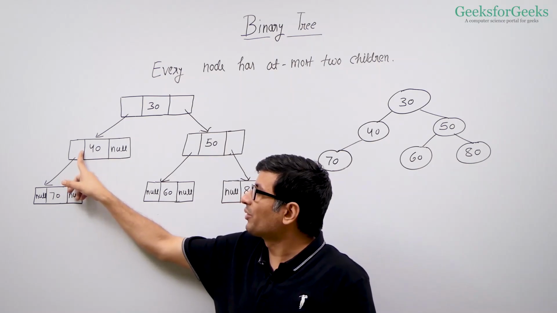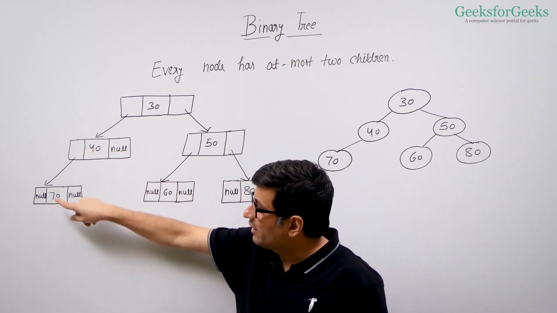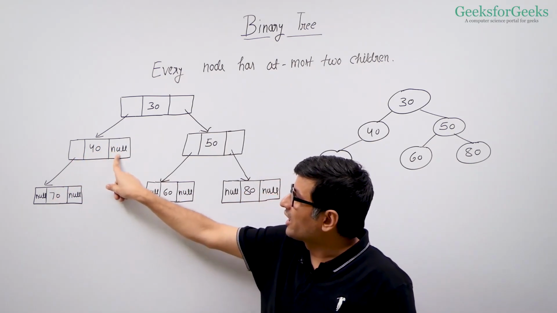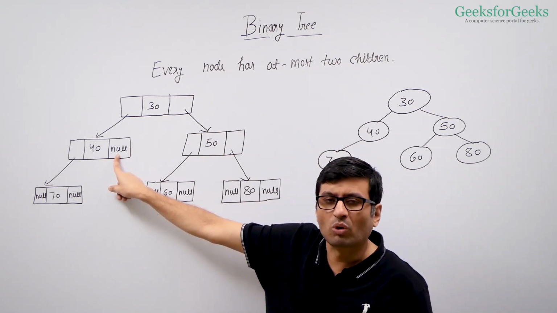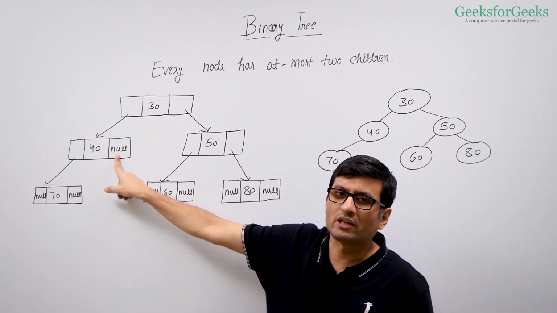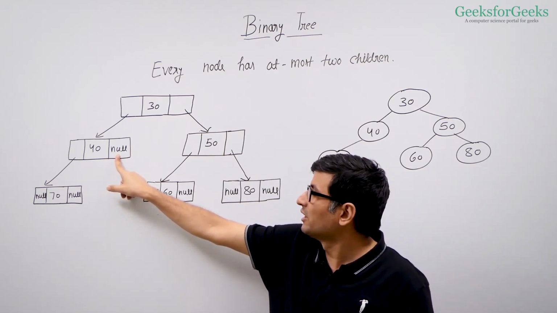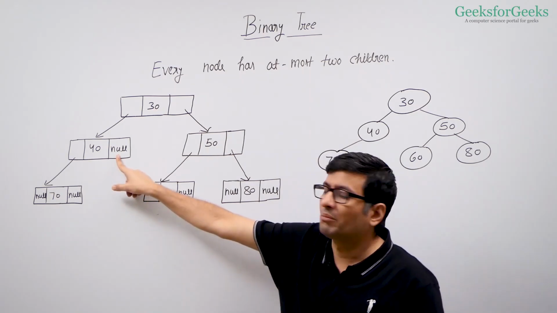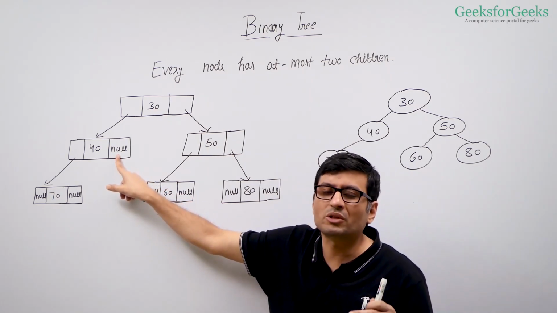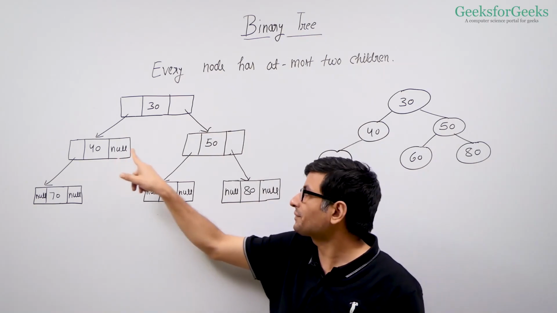This particular node has only one left child, and this child is represented as null. Small letters in Java and capital letter NULL in C and C++. So I've written small letters here, but if you are C++ programmer, you can consider capital letter NULL.